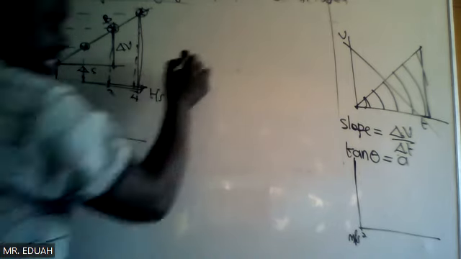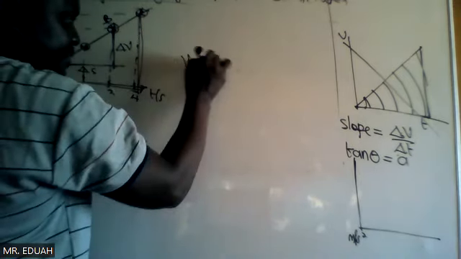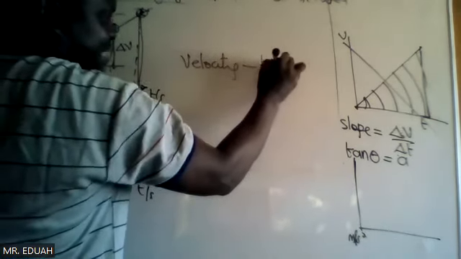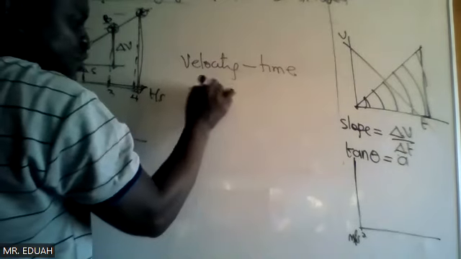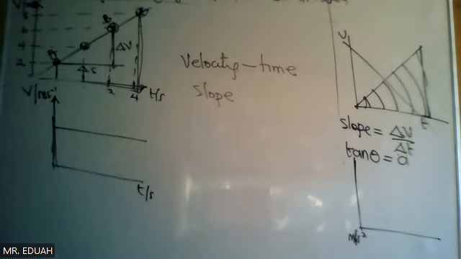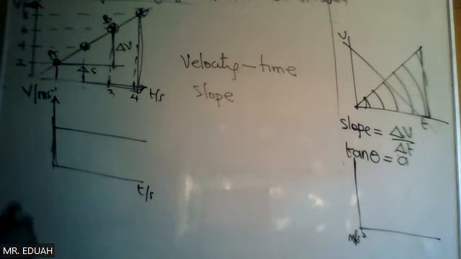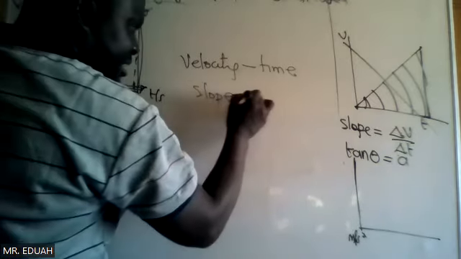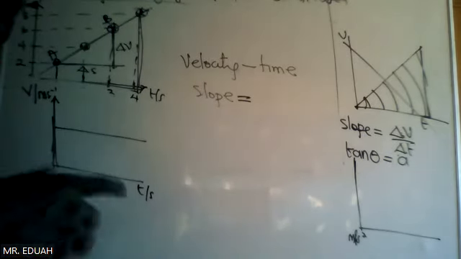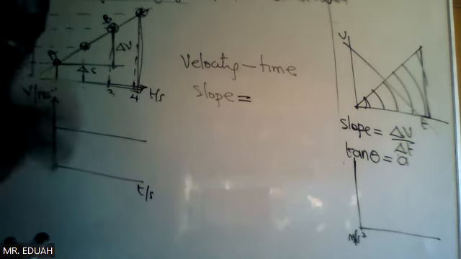Now, for a velocity time graph, Yasmin, what is the slope of a velocity time graph? Change in velocity over change in time. So change in velocity over change in time is equal to what?